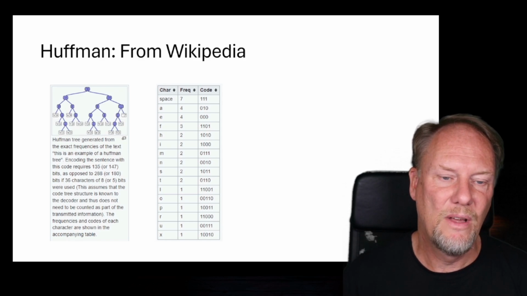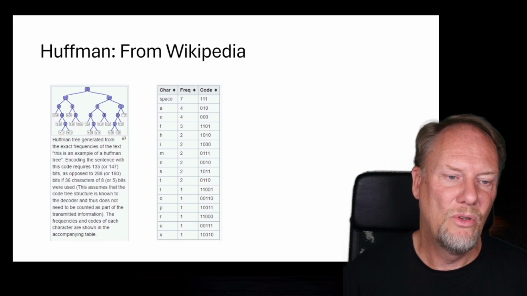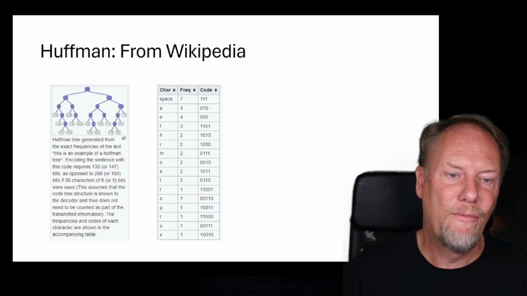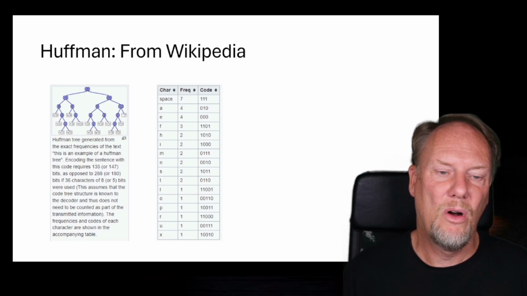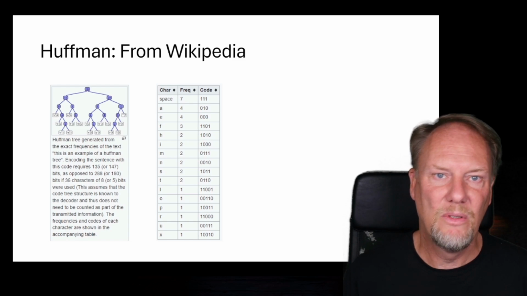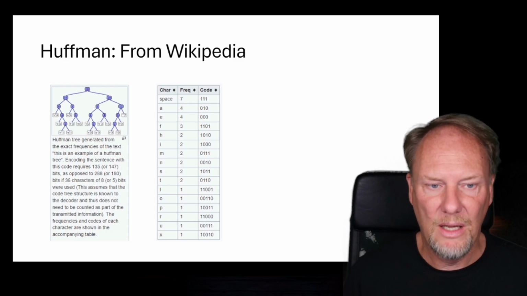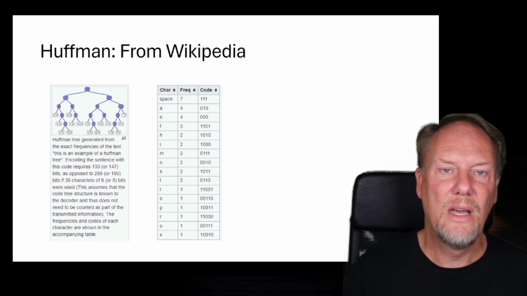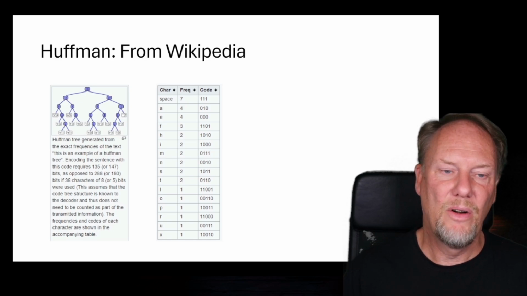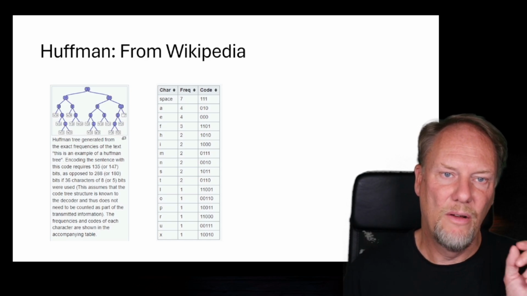So this is showing you that using one of those Huffman trees, you are establishing the frequency of the characters, and you are allocating the characters that are frequently used a short code.